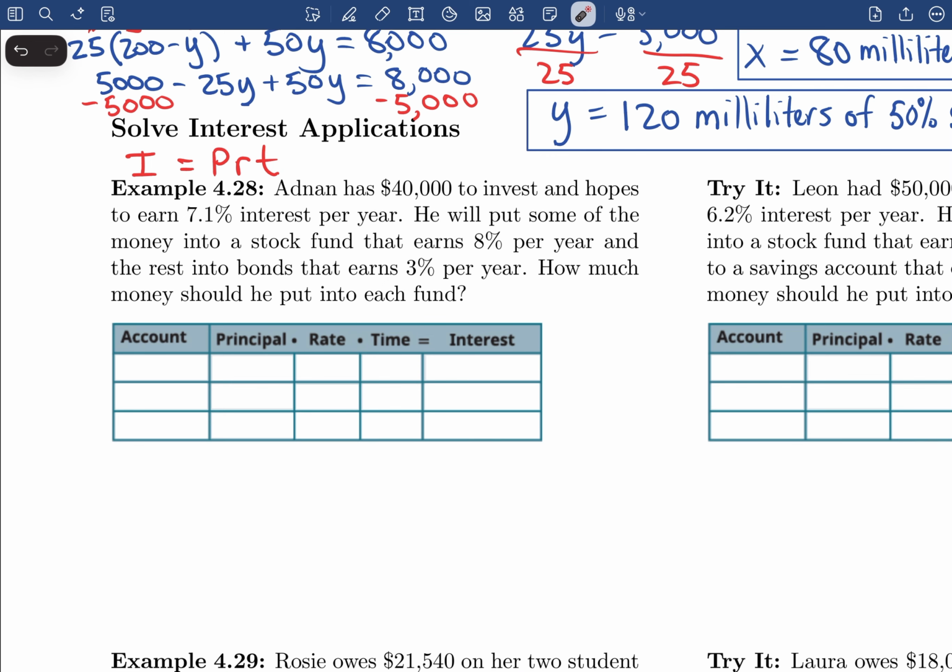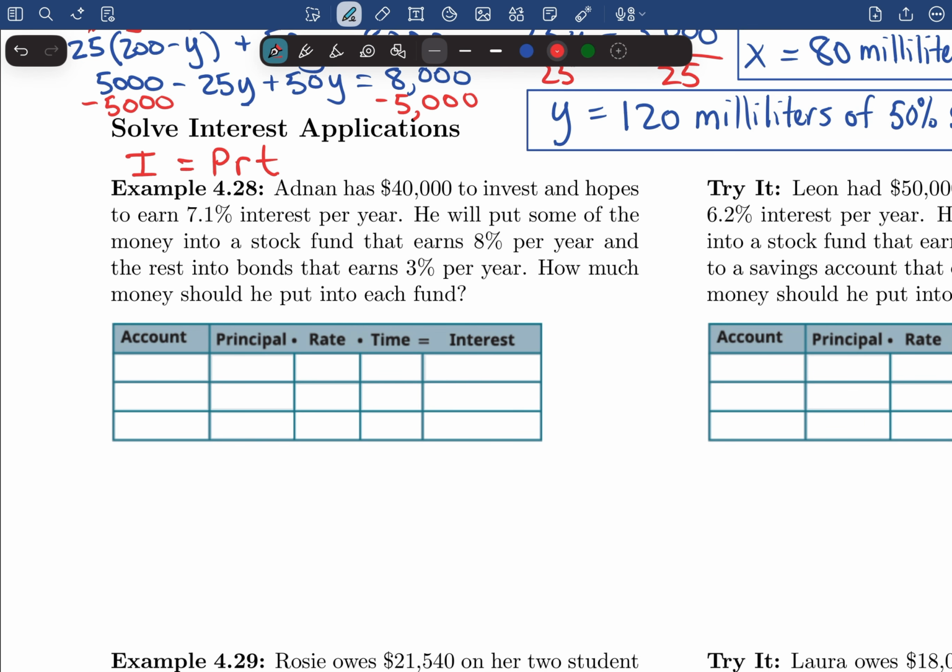Okay, so there's a stock fund, and there are bonds. So I'll write that, stocks and bonds. There we go. And then this bottom column, maybe I just call that the total.